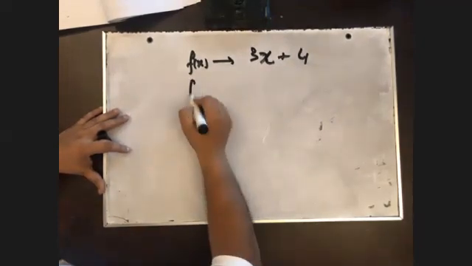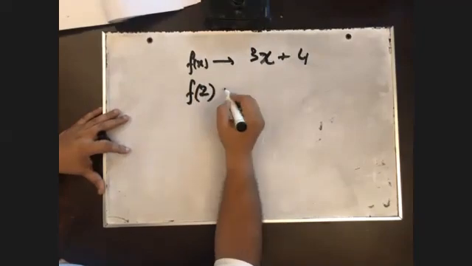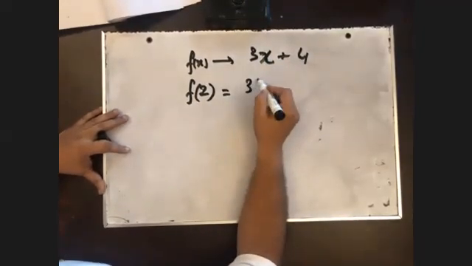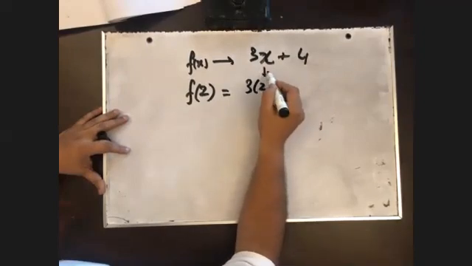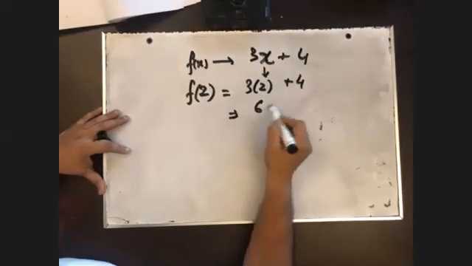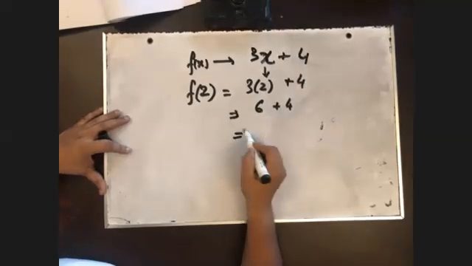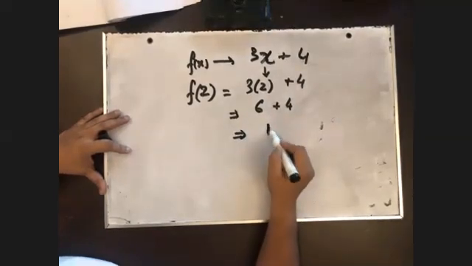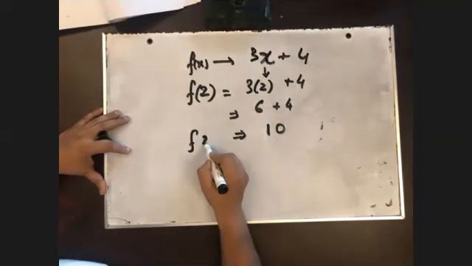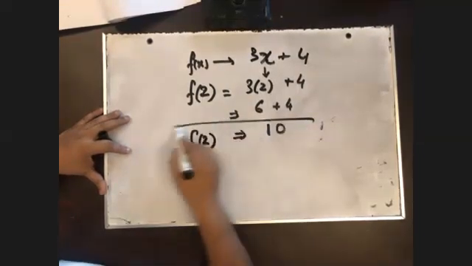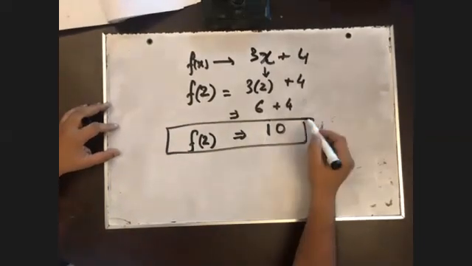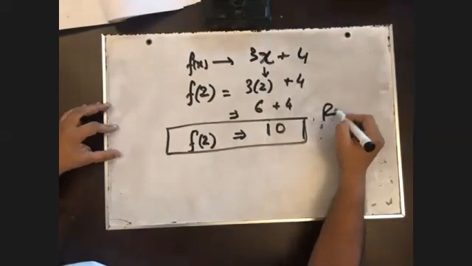And I do f(2). 3 into x, where x takes the value of 2, plus 4. 3 twos are 6 plus 4, and you get 10. So if you get f(2) is equal to 10, this is a related value.